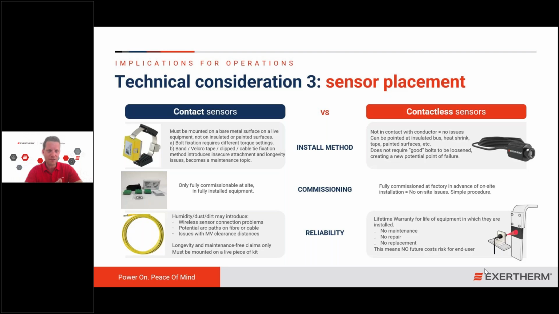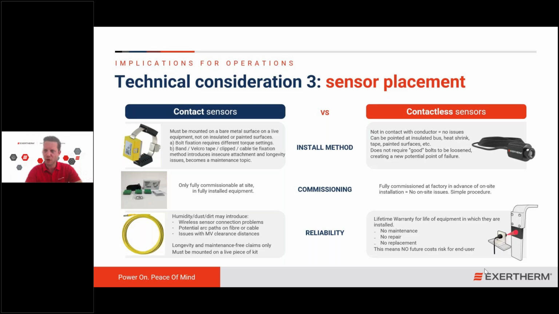They typically don't operate on insulated buses or painted surfaces or taped surfaces, because they obviously need the inductive connection there. Some solutions are fixed under bolts that are also holding together bus bars or fixating cables on the cable termination side, which will require different torque settings wherever those sensors are placed.